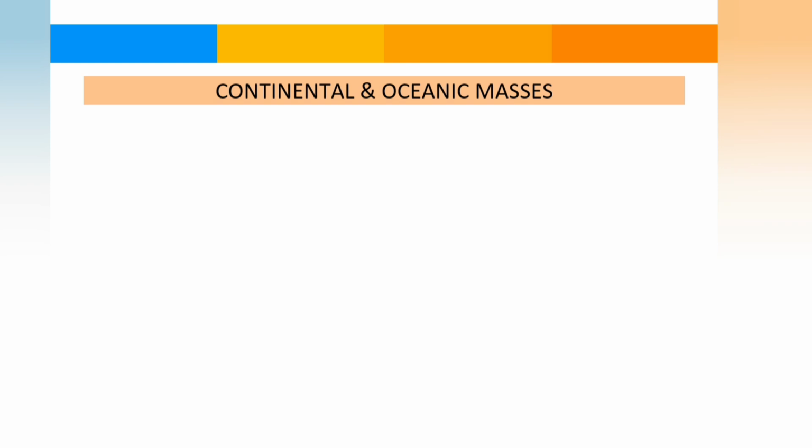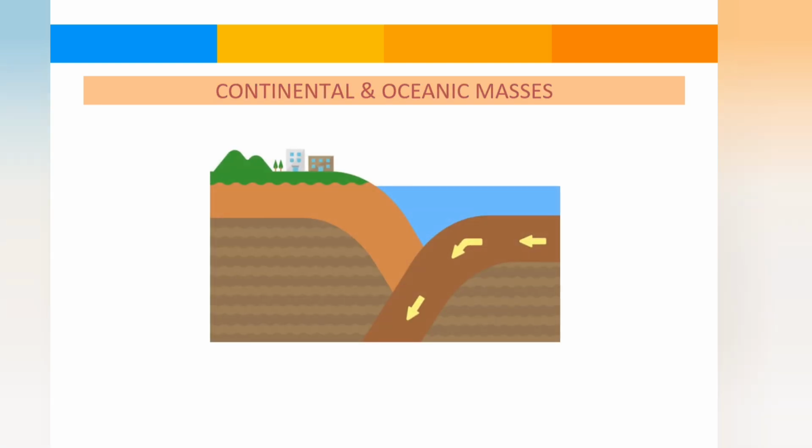Let us see the continental and oceanic masses. Now here you have the diagram in which the first labeled one is the continental crust.